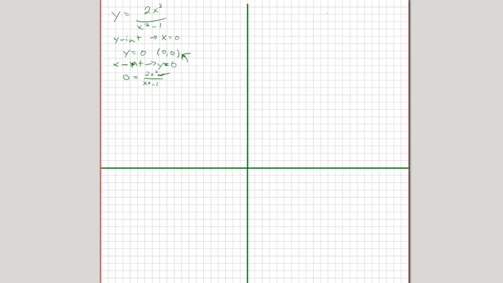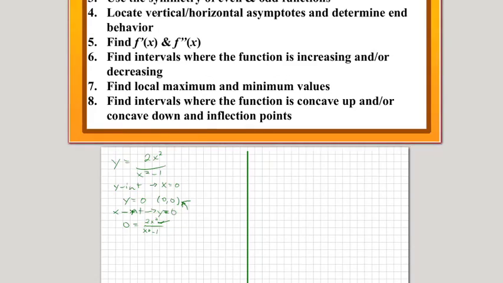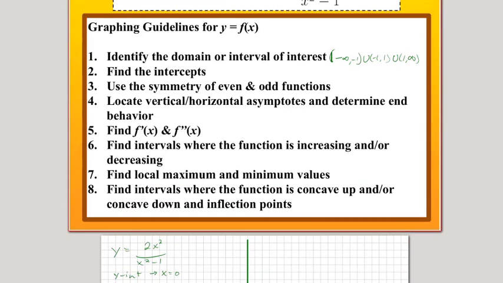So that is to say, my x-intercept and my y-intercept in this graph are going to be 0, 0. So in general, you want to find all the x-intercepts and y-intercepts. Okay, so that was step 2.